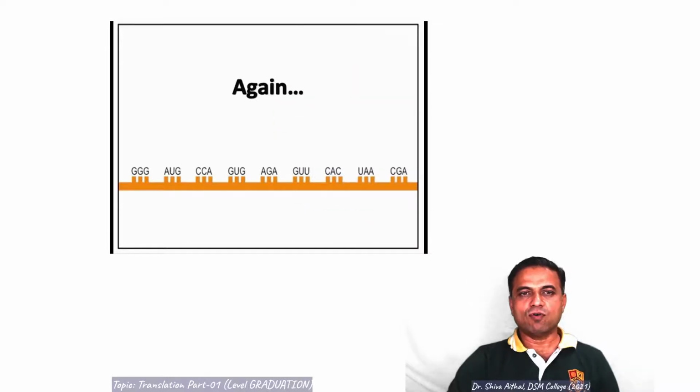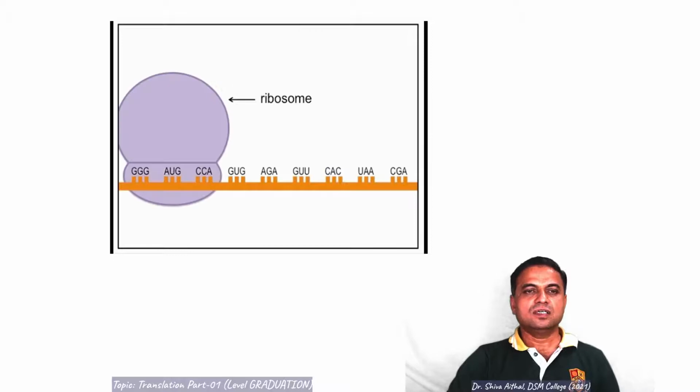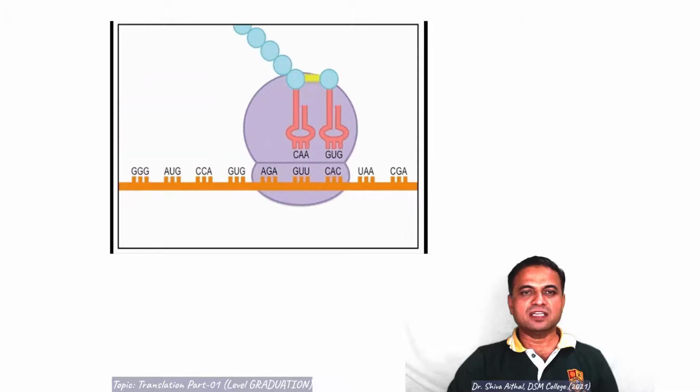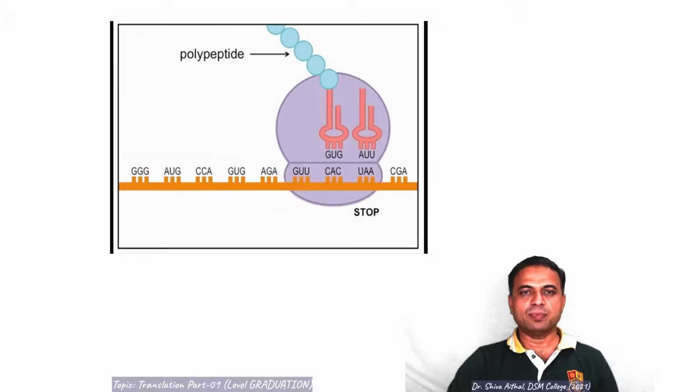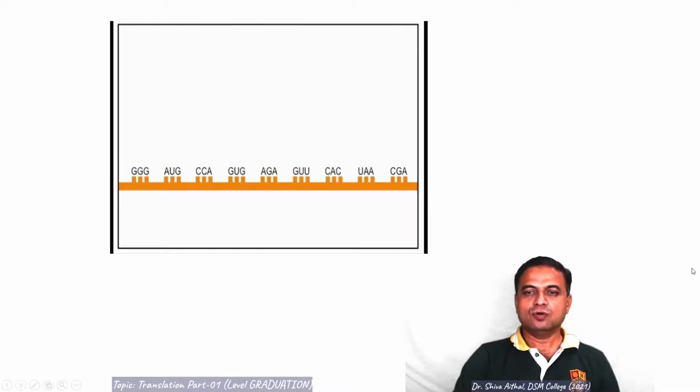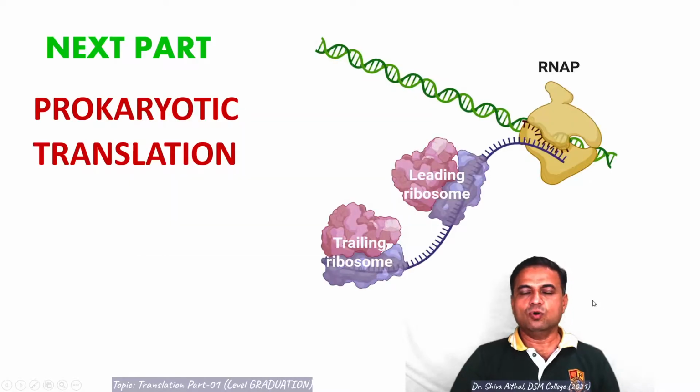See it once again: the 50S and 30S ribosomes accommodating charged tRNAs, then the peptidyl transferase enzyme forming peptide bonds, and a polypeptide is released. Okay, so this is how the whole protein synthesis takes place, which we will see in great detail in our next lecture.